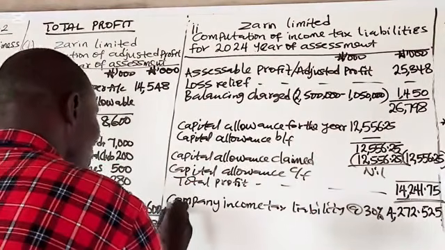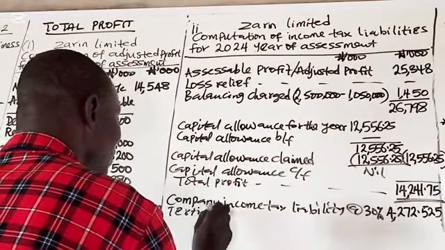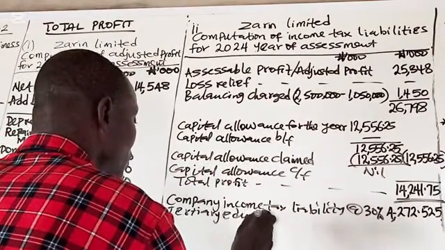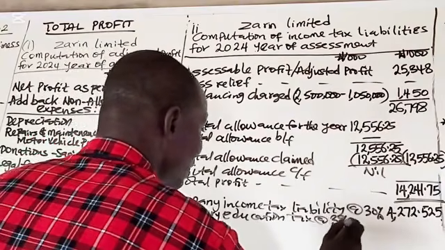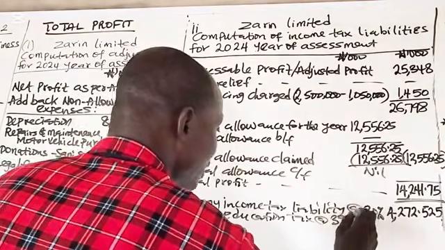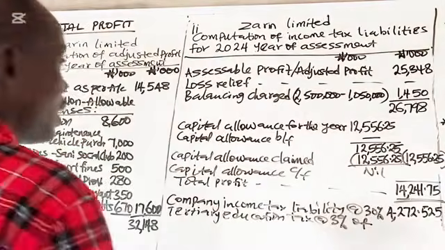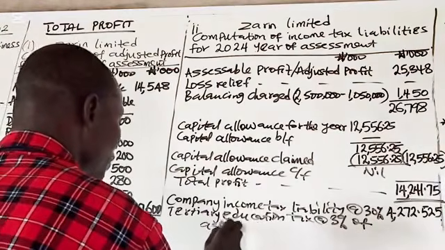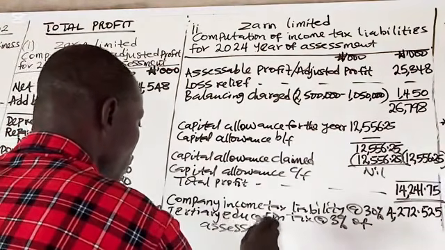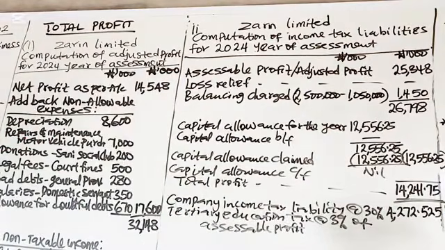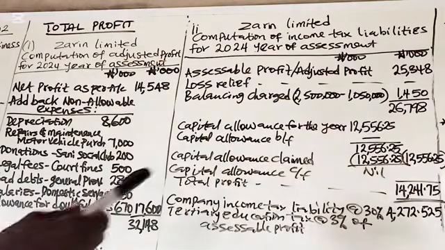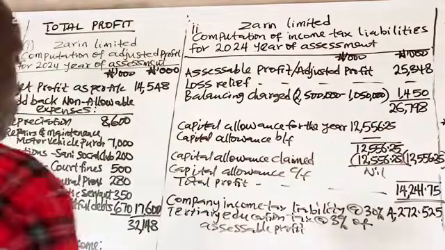Then tertiary education tax at 3% of assessable profit. How much is our assessable profit? Assessable profit of 25,348,000.